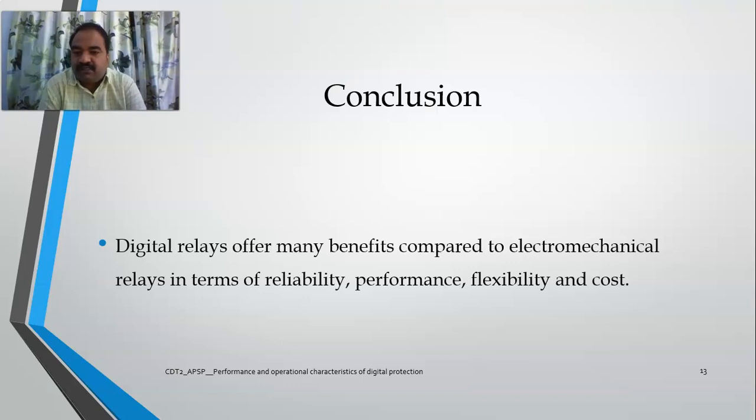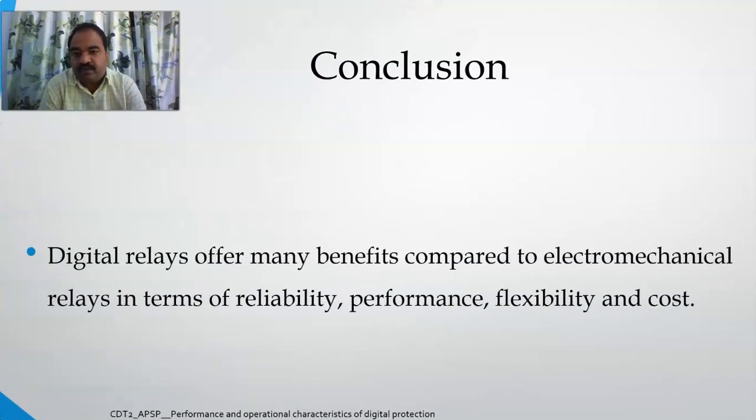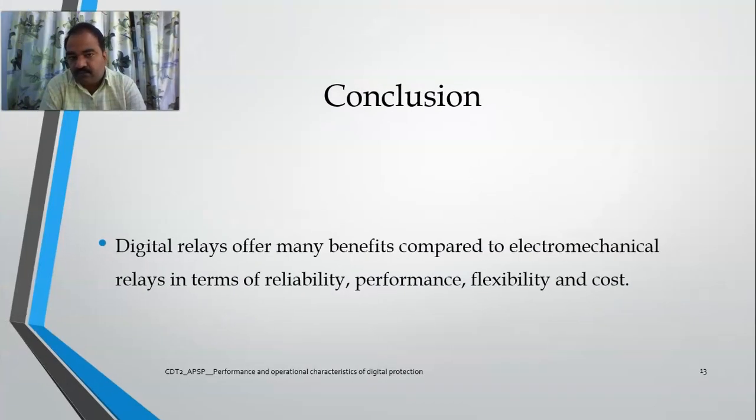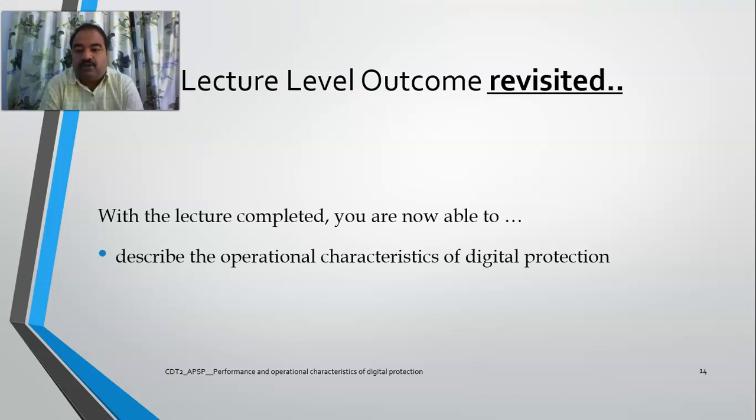So the conclusion is that they offer many benefits when compared to the older generation relays in terms of reliability, flexibility, performance, and cost. I hope that now you are able to describe the operational characteristics of digital protection, and you can explain very clearly why digital relays are nowadays gaining importance.